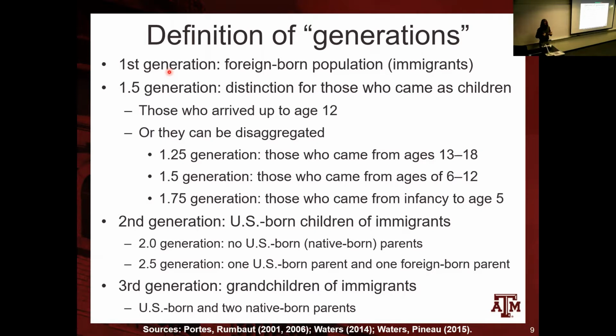And what we see overall, on average, is that the socioeconomic status of first generation is lower than third generation. But on the other hand, the crime rates of first generation are lower than third generation, so that's good. And the crime rates and socioeconomic status of second generation are closer to the ones of the third generation.